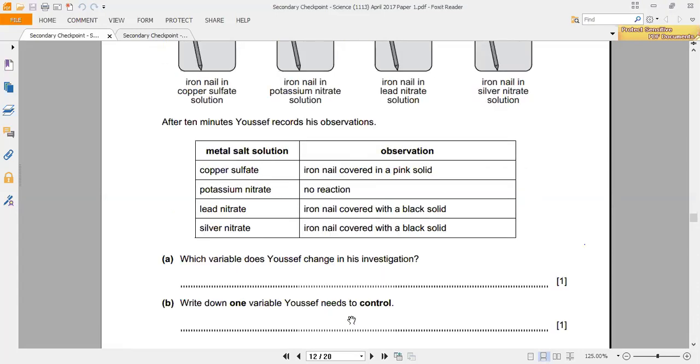Now number A, which variable does Yusuf change in this investigation? First of all, I would like to talk about the variables. They are very important, okay? We have actually 3 types of variables. We have the independent variable. Those are the variables that we change by our hands. Number 2, we have the dependent variables.